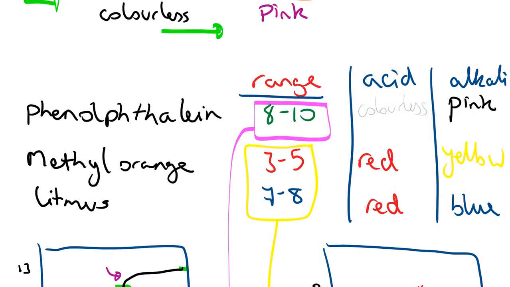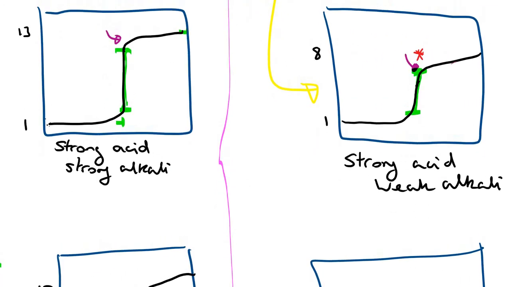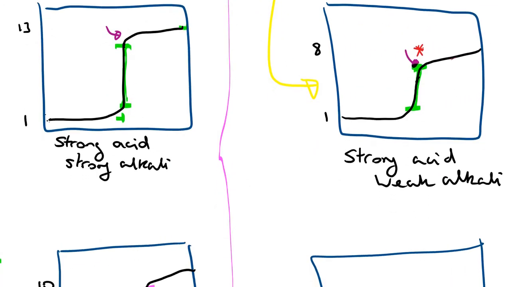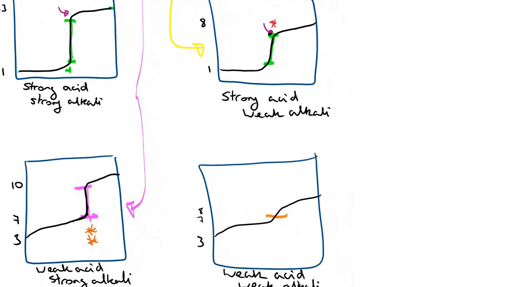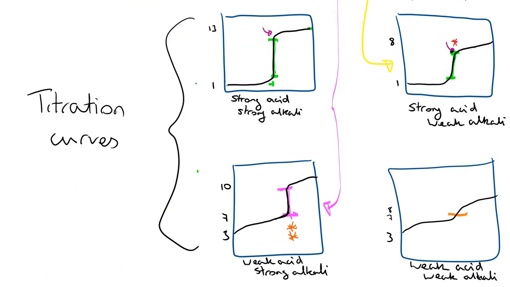I looked at a few different indicators and their color changes and the range at which they change color, and then we looked at titration curves. These are the four titration curves, and they show us the indicators that can be used for each type of reaction.